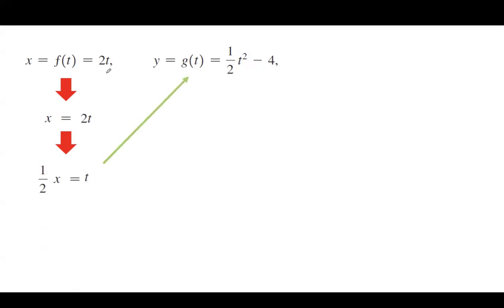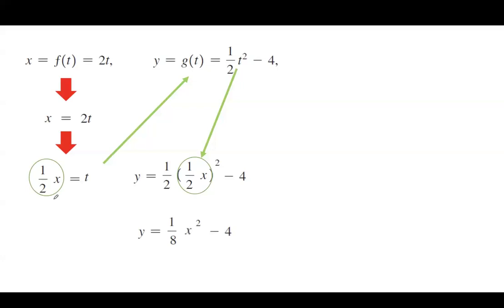We're going to substitute this into the y equation. y is a half t squared minus 4, so you get a half times a half x squared minus 4. It means that wherever you see t, you use a half x. This is basically y equals 1/8 x squared minus 4.